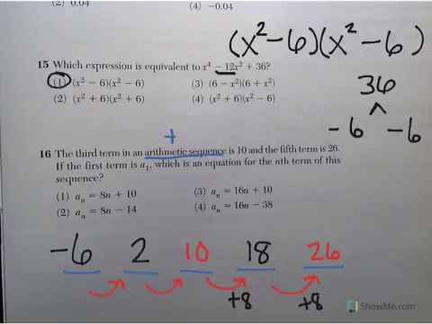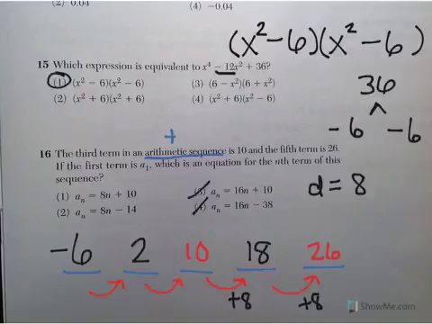So that means that my common difference, D, will equal 8, okay, and let's figure out which of these will work to give me this sequence. So I know that it's either going to be between choices 1 or 2 because we're using that common difference of 8.